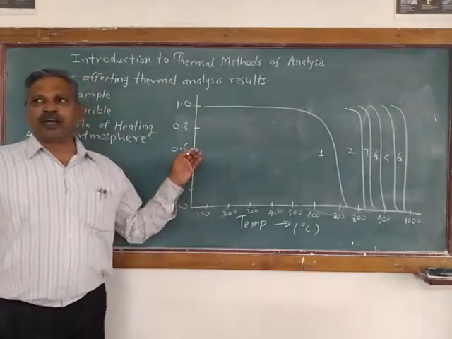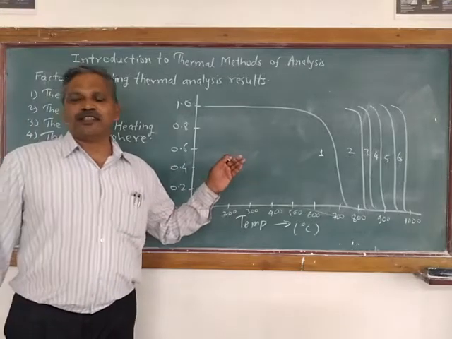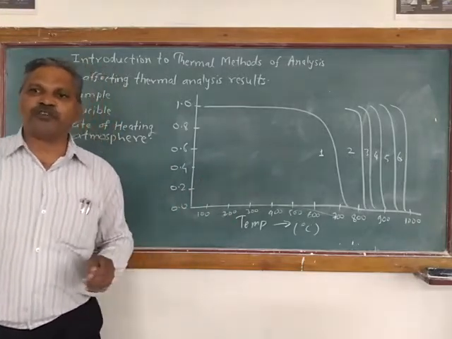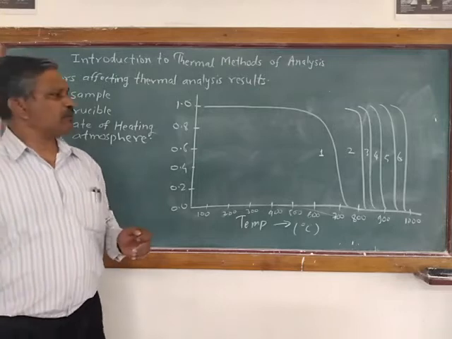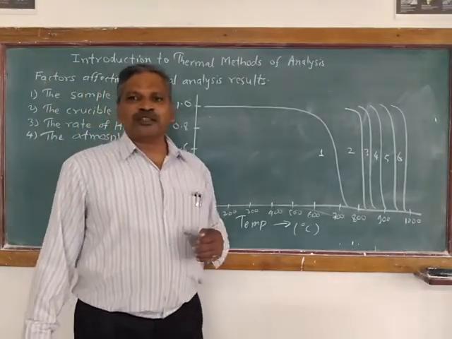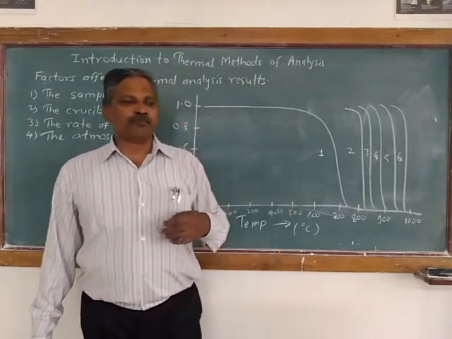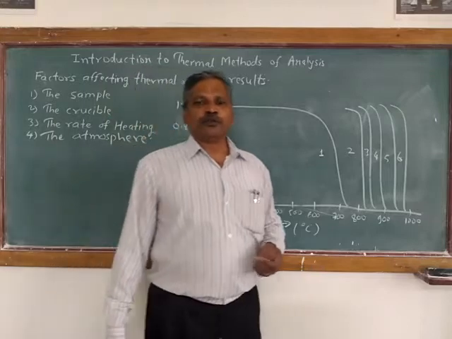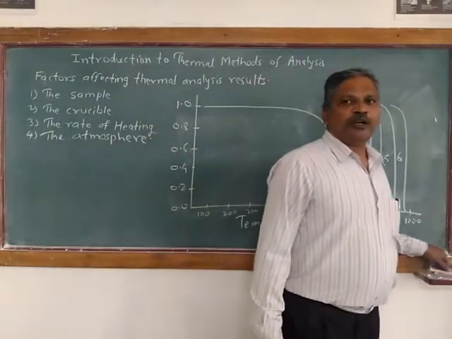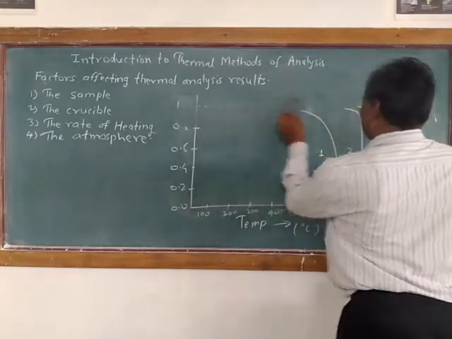So the effect of a carbon dioxide atmosphere is that it increases the decomposition temperature. Because of the presence of carbon dioxide, the decomposition equilibrium shifts towards the left, and therefore it takes much more temperature to decompose the calcium carbonate, and we see this in this graph.